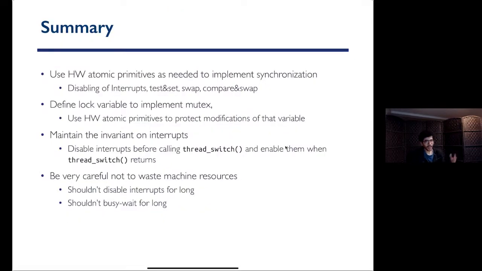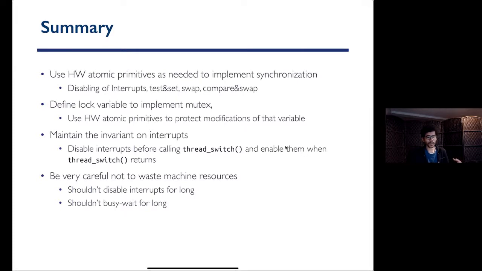So with that, we're done with the implementation of multi-threaded kernels. What did we see in this? We started by looking at how we can implement threads, how we can create threads, how we can context switch between threads. Then we switched gears and talked about synchronization.